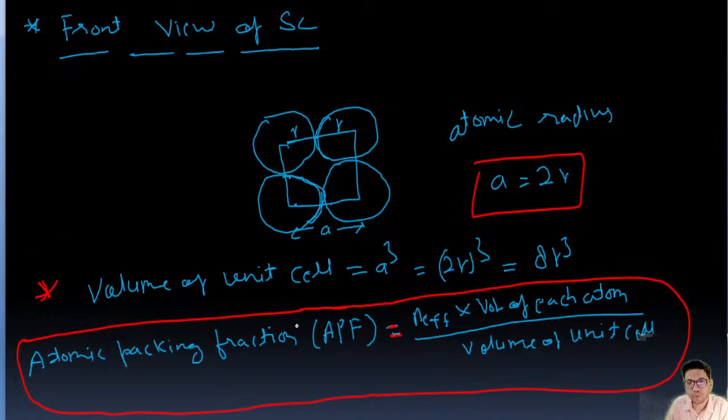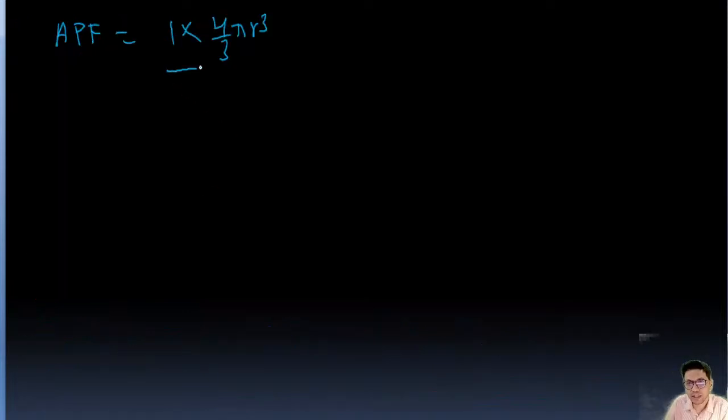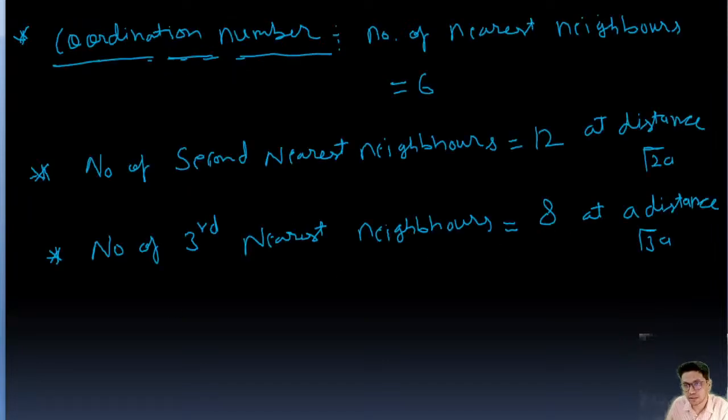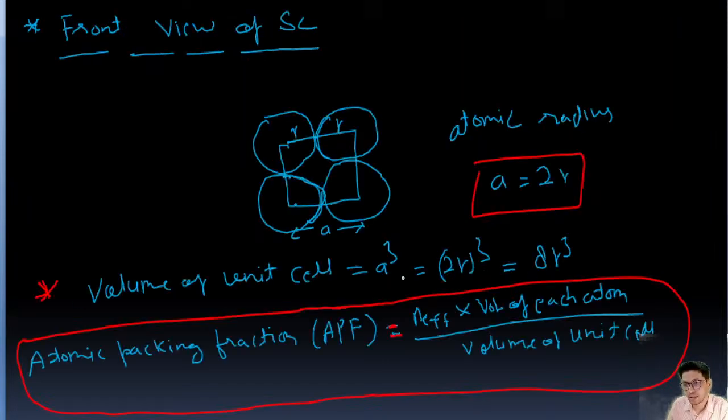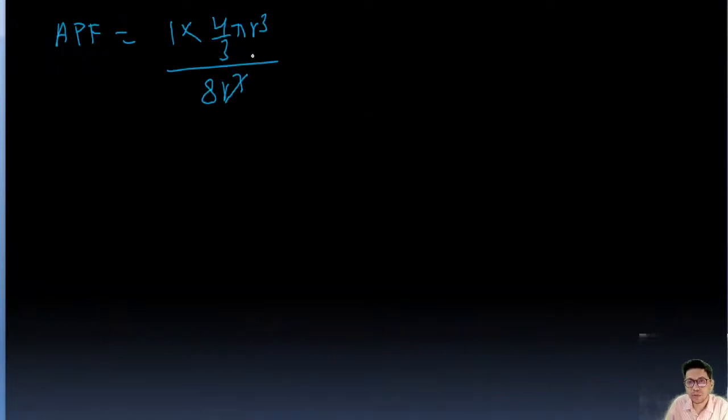The volume of the unit cell is a cube, which is 8r cube. We put the values, r cube gets cancelled, 4 cancels with 2 times, right? So this is going to be pi by 6, which is almost equal to 52%.